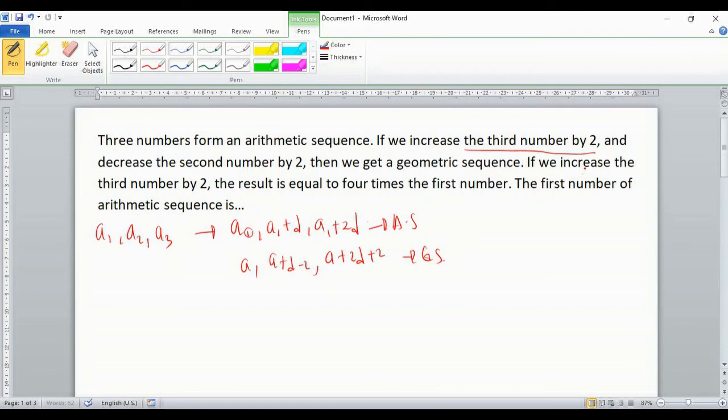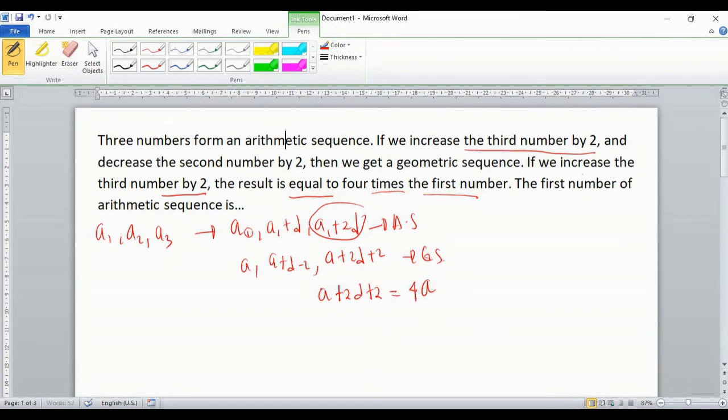If we increase the third number by 2, so from here, A plus 2D plus 2 is equal to 4 times the first number, everyone.